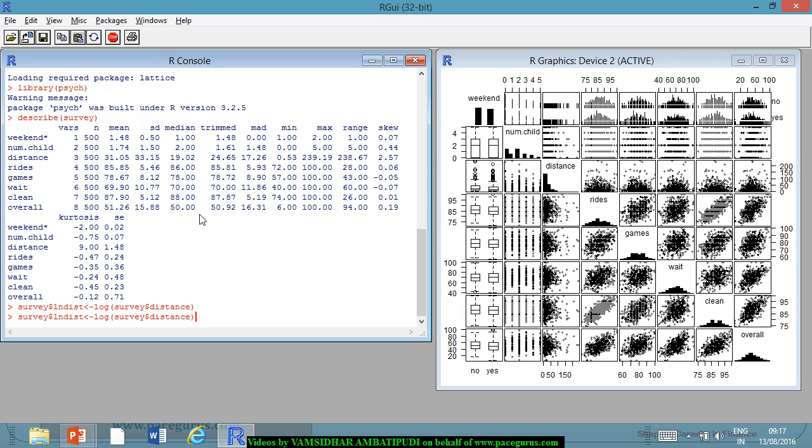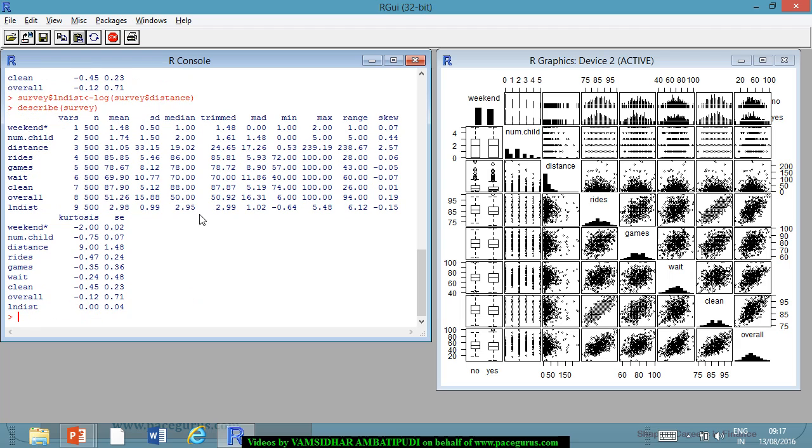Now once I have done this, let me see the descriptives of the survey. Log distance is one more variable that got created, whose skewness is pretty much fine, and whose kurtosis is also fine. So overall it looks like this is comfortably normally distributed, whereas the original distance was not.